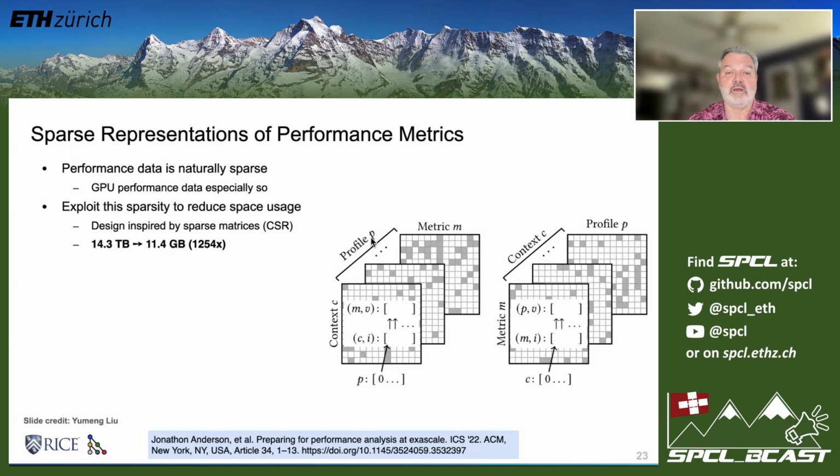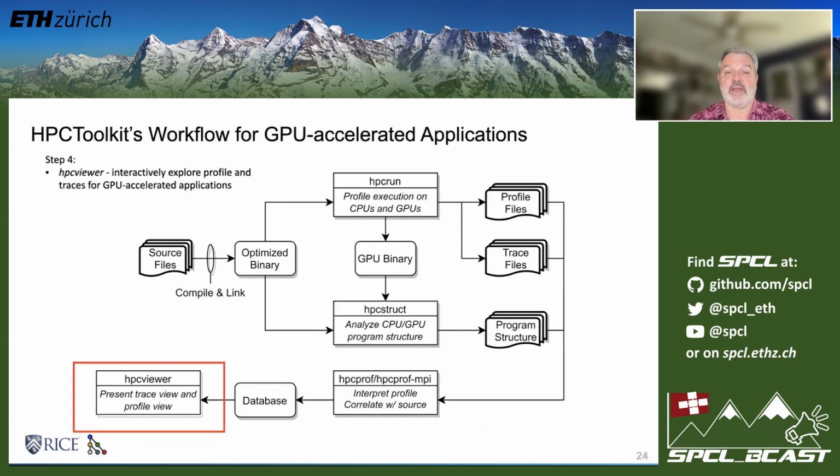The profile number is like the thread ID, and the context, something like main calls A calls B, is going to be some row in this. We found that we were able to save over a factor of 1,000 on some GPU-accelerated programs. This is important if we're going to collect measurements at scale.